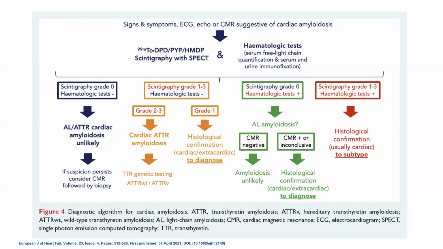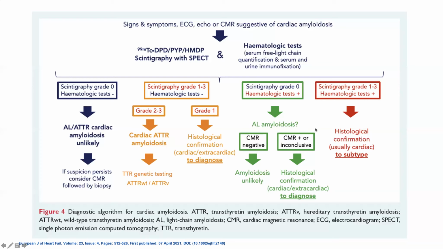In the case that CMR findings are supportive or inconclusive, cardiac or extracardiac histological demonstration of amyloid deposit is required to diagnose AL cardiac amyloidosis. If CMR cannot be performed, consider performing biopsy directly. So this is the third scenario.